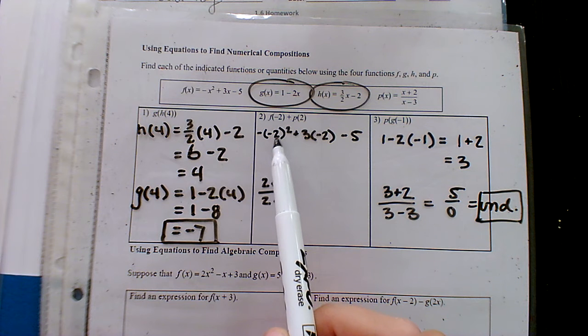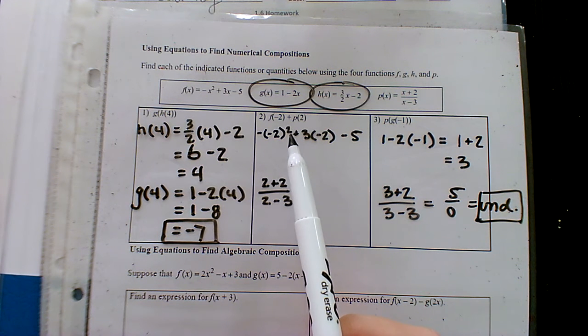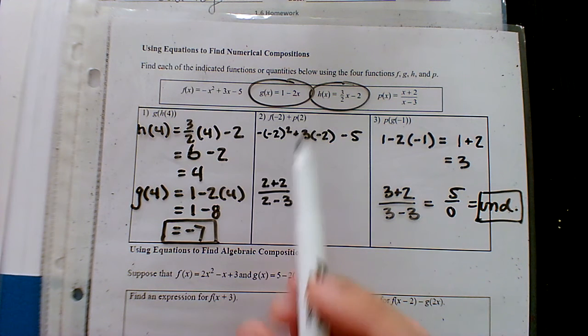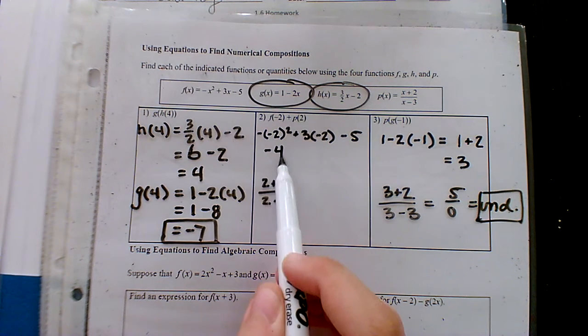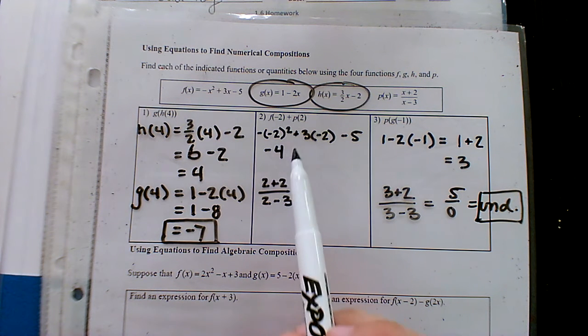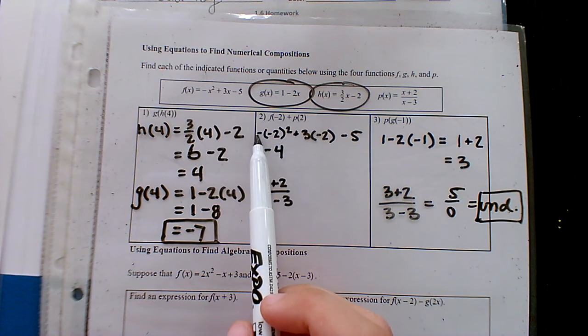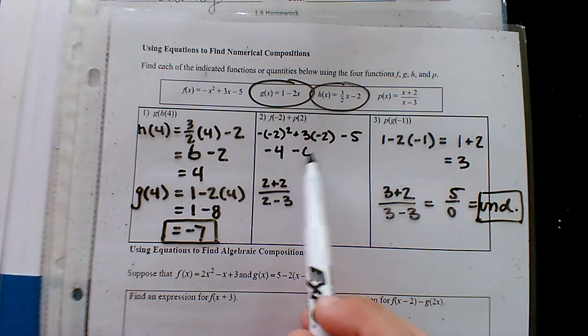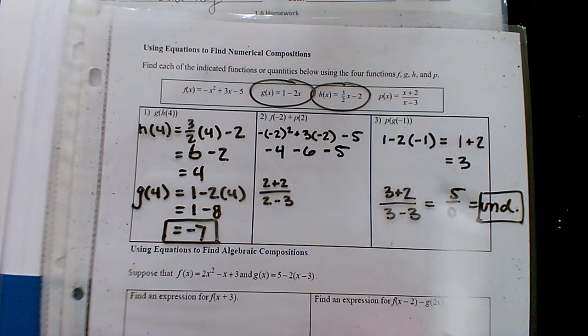If you take -2 squared, okay, -2 times -2, that's a +4, but then you have the additional negative out front, which is going to change it to a -4. Okay, so -2 squared is a +4, and then the negative out front changes it to a -4. 3 times -2 is a -6, -5.